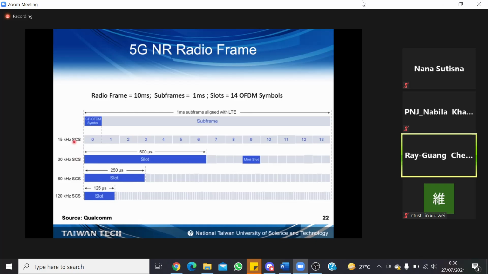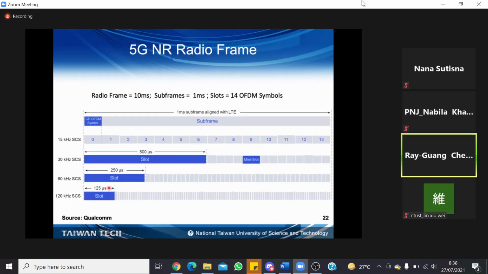When you double the frequency, the duration is reduced from 1 millisecond to 500 microseconds. It still has 14 OFDM symbols. So when you increase the subcarrier spacing to 120 kHz, the slot duration can be reduced to 125 microseconds.